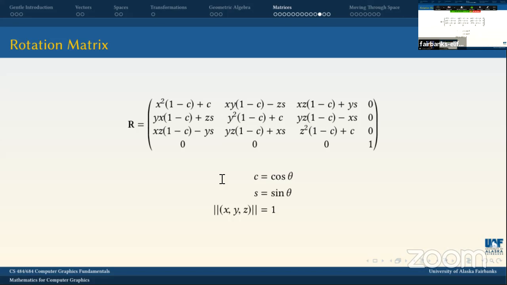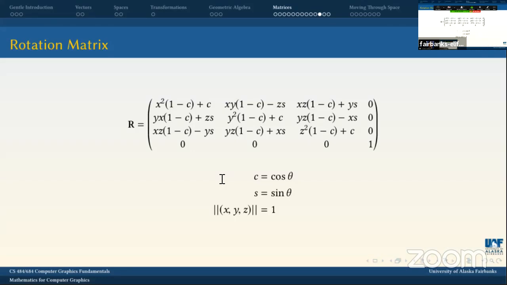If you want to rotate around the x-axis, you put the vector 1, 0, 0, or around the z-axis, 0, 0, 1, and this will reduce back to the matrices we just saw earlier.